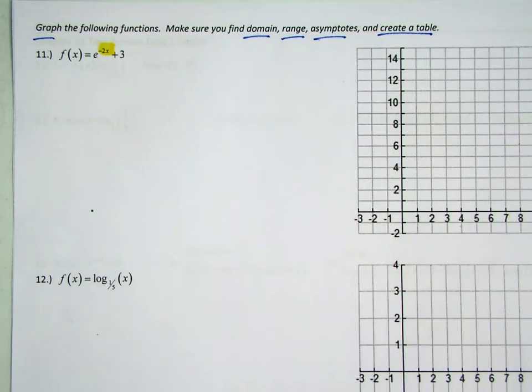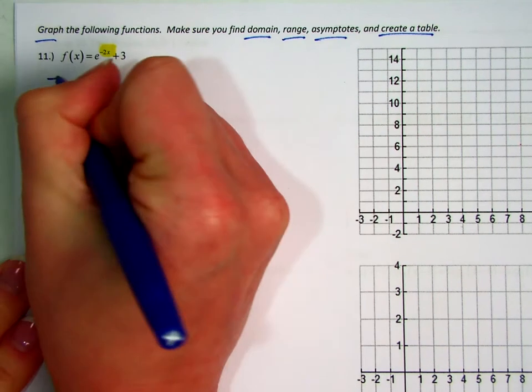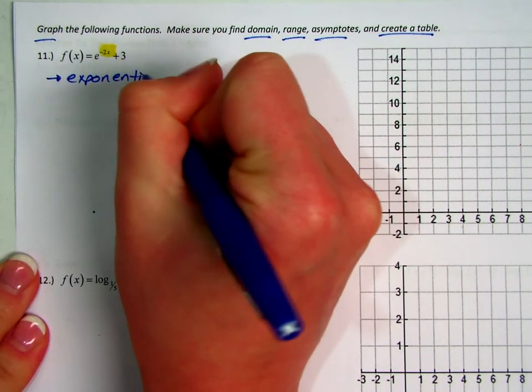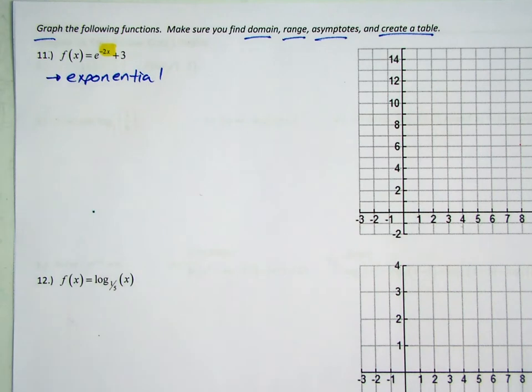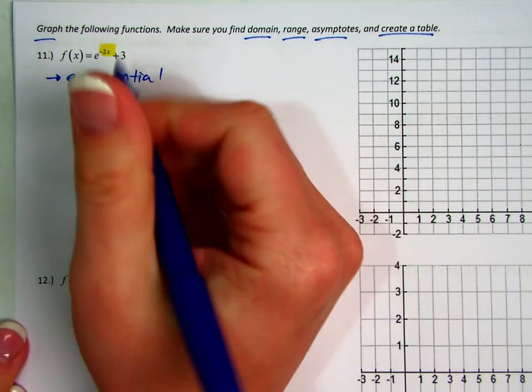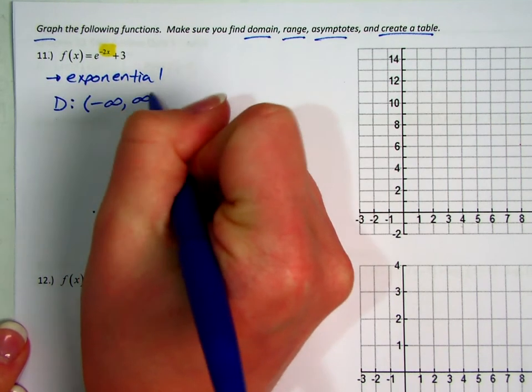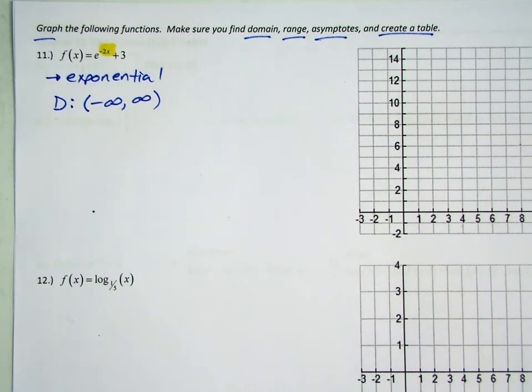And remember, there are different properties for exponential versus logarithmic. Since this is exponential, I immediately know the domain is negative infinity to infinity. If it were logarithmic, then the range would be negative infinity to infinity.